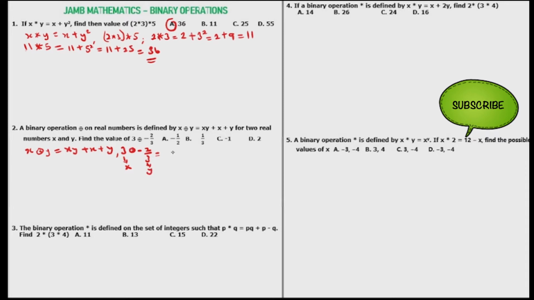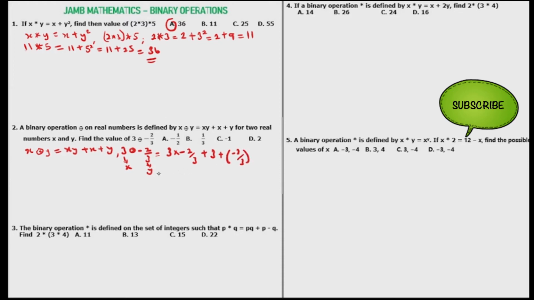So we are going to have xy, that is 3 multiplied by minus 2 over 3, plus x, which is 3, plus y. Now what's our y? Minus 2 over 3, in brackets.